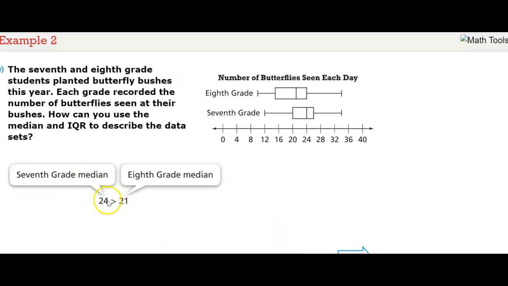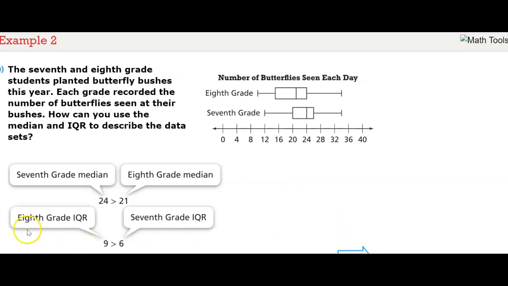Seventh grade median is 24. You notice that from here. 8th grade median is 21. That is about here. So 24 is greater than 21. The 8th grade IQR is 9. Where's 8th grade? Here's the IQR, about there.